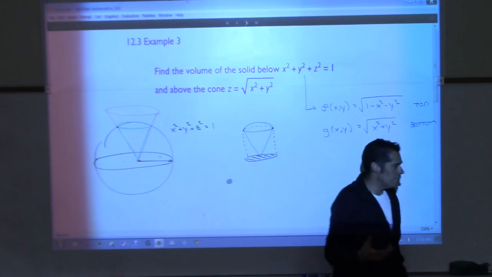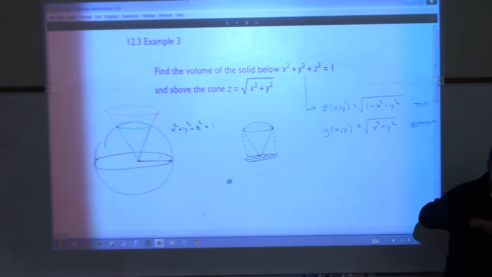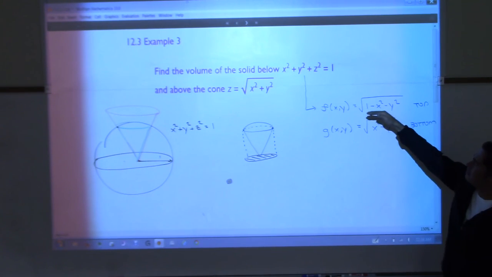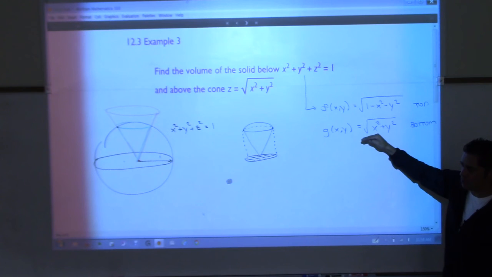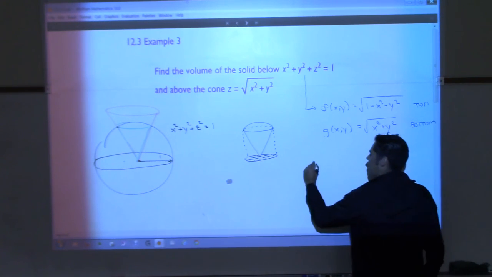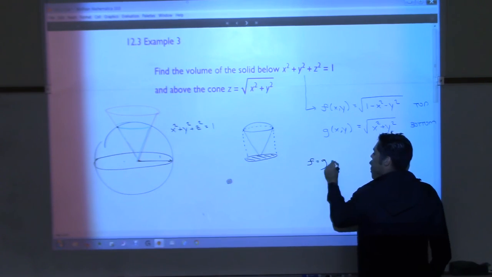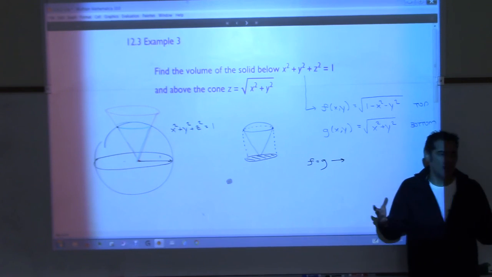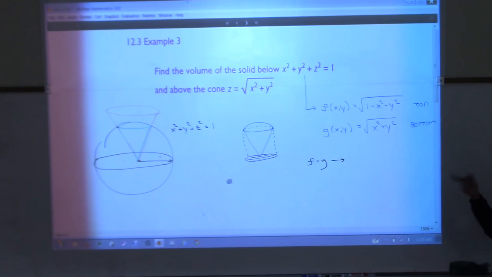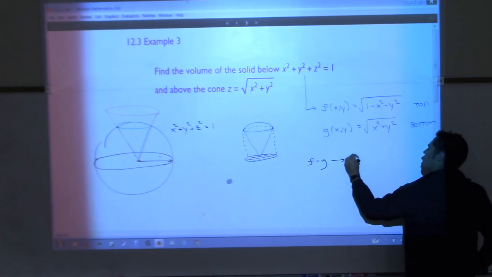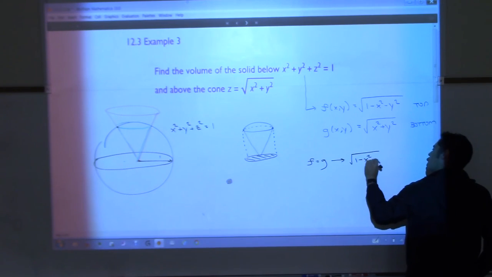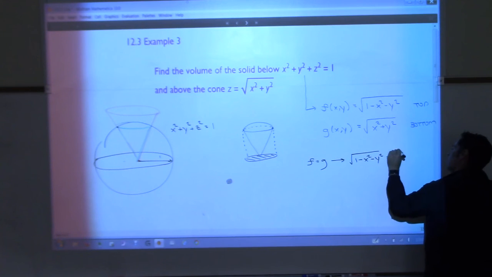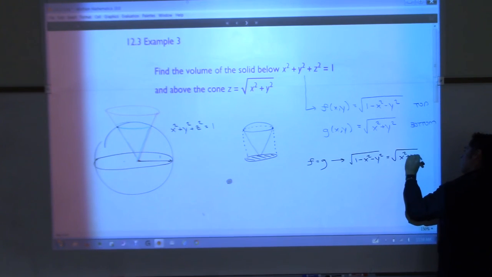So just like we've done in the past, you set the two equal to each other, right? So let's set f and g equal to each other. Where does f equal g? Something in this equation is going to tell us the equation of that circle. When we set them equal to each other, we get root 1 minus x squared minus y squared equals root x squared plus y squared.